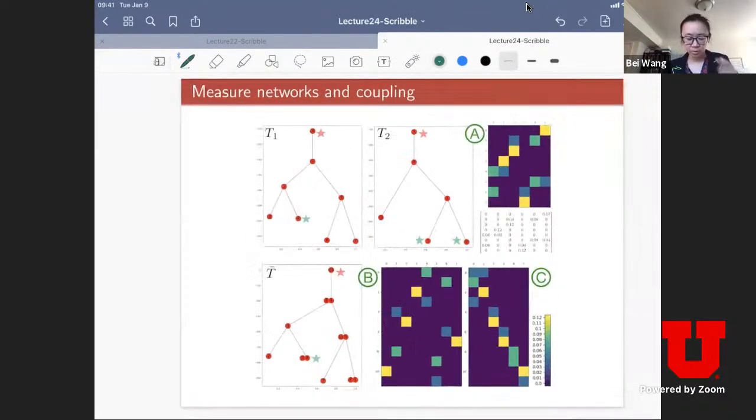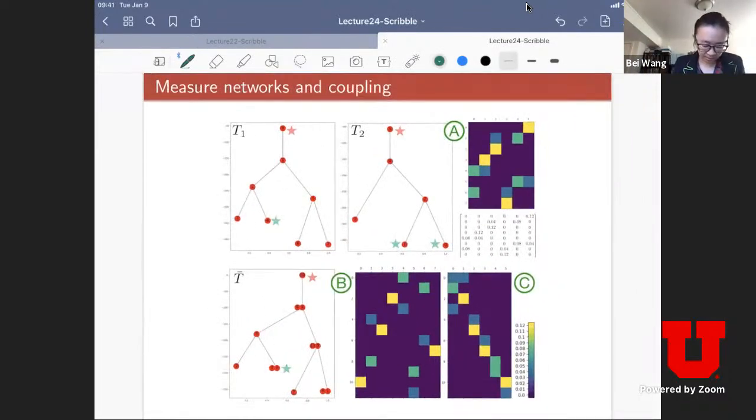So this is what I call tree T hat. T hat is in some sense a structural average of those trees. Think about it as an average tree between these two input trees. And the idea is T hat is slightly larger than each one of them.